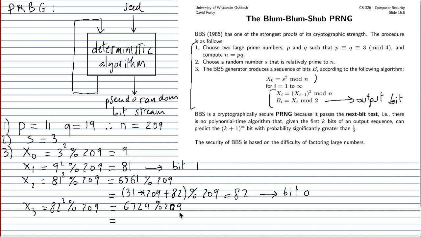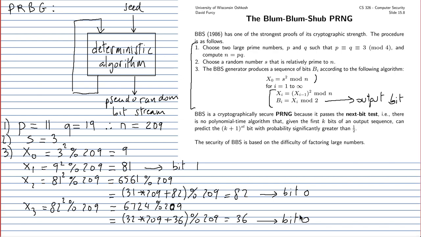The quotient is going to be 32. The remainder is going to be 36. So of course, when we take that modulo 209, we are left with 36. This being an even number, the third bit output by this algorithm is going to be 0.